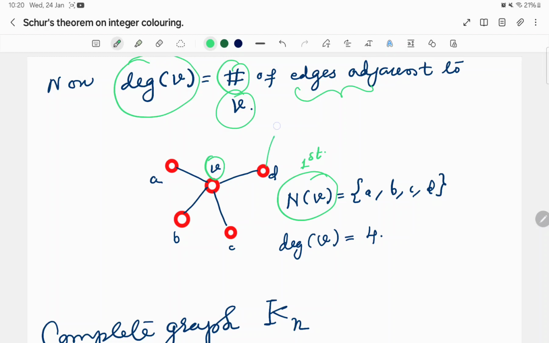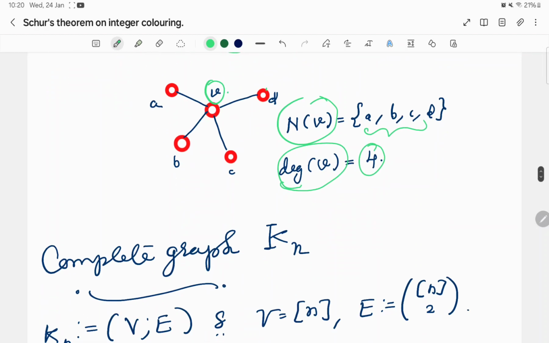If there is another vertex K, then K is in the second neighborhood of v. Just saying neighborhood means the first neighborhood. The degree is the cardinality of that, 4, the number of elements in the first neighborhood of v.